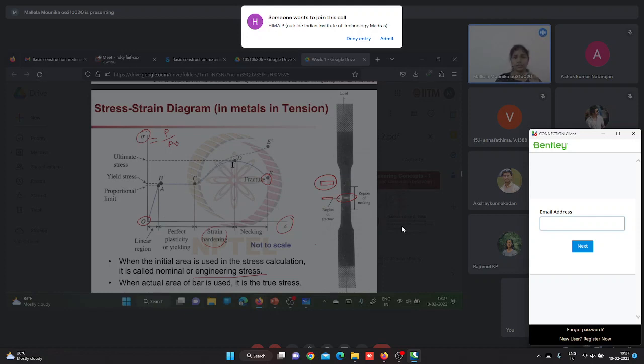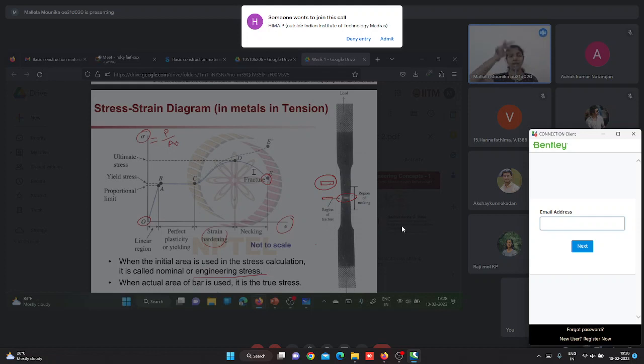But after reaching some ultimate point, it will undergo necking. Necking is nothing but the reduction in cross section. Suppose in this bar I am testing in tension, so I'll be applying load upward and downward.